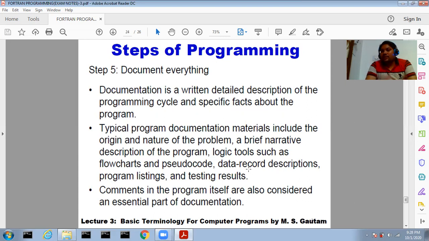So whenever we complete the program and arrive at the 5th step, we have to prepare the document for the complete program, so that it will be helpful for us in developing error-free programs, in finding errors like logical errors, runtime errors, syntax errors, and you can get the desirable output. So all these steps from the 1st step to the 5th step are very crucial, and these are the steps of programming.